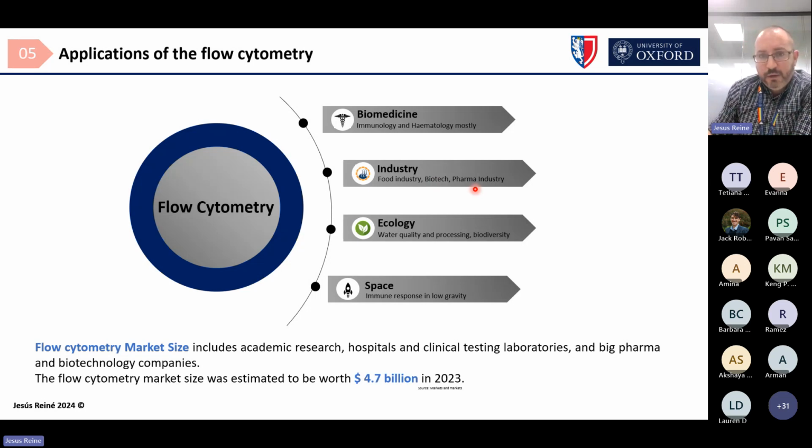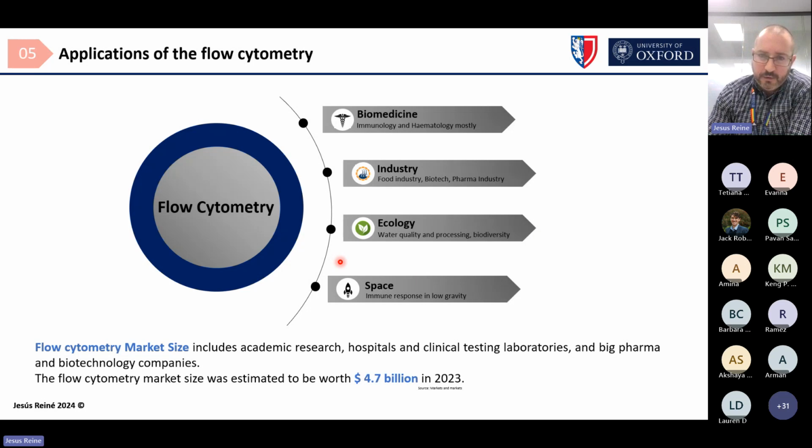Many companies usually use flow cytometry because it's a cheap and very quick method to analyze different kinds of products, raw products or final products, before they are ready for the market. In addition, flow cytometry has many applications in ecology as well, to determine water quality, processing of water, or biodiversity.